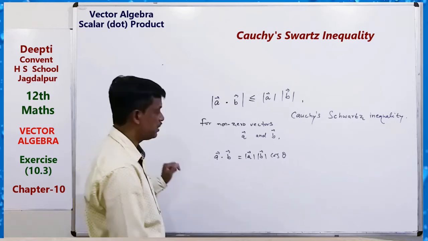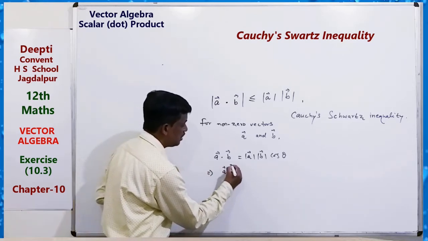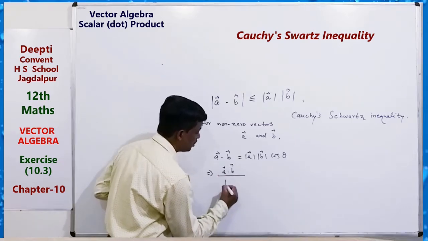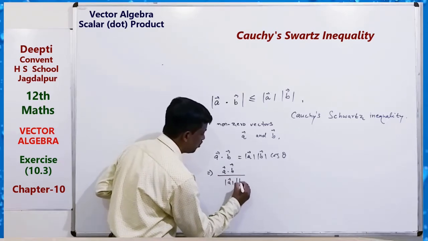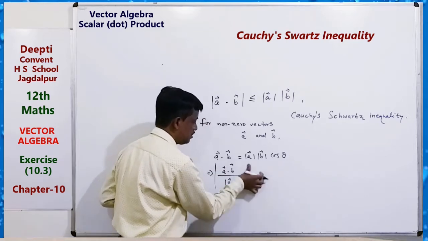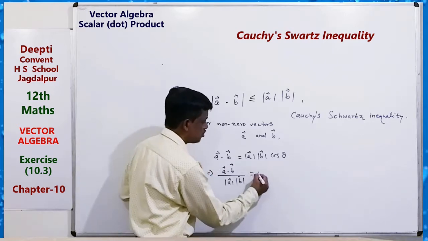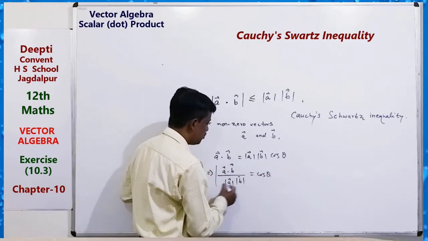Theta is the angle between the two vectors. So we can write like this: vector A, vector B dot product over mod A and mod B is equal to cos theta, and we can take modulus on both sides.